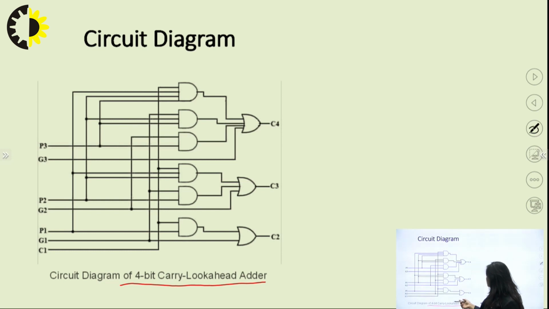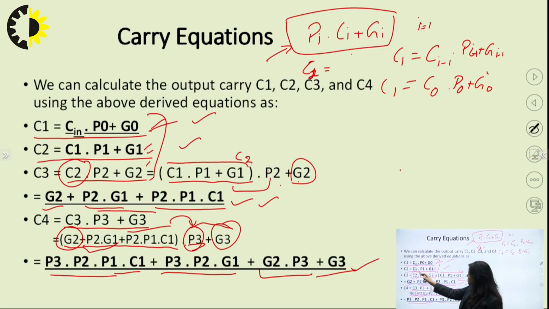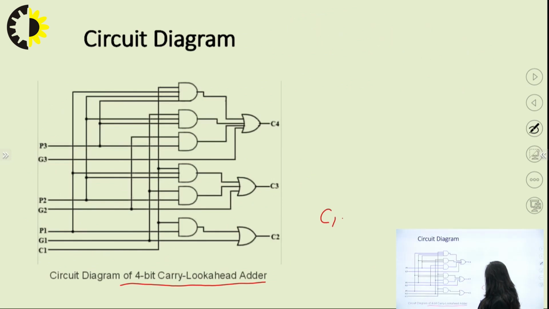Okay, so what was C2 saying? C2 was C1 dot P1 plus G1. Let's verify what C2 has here.